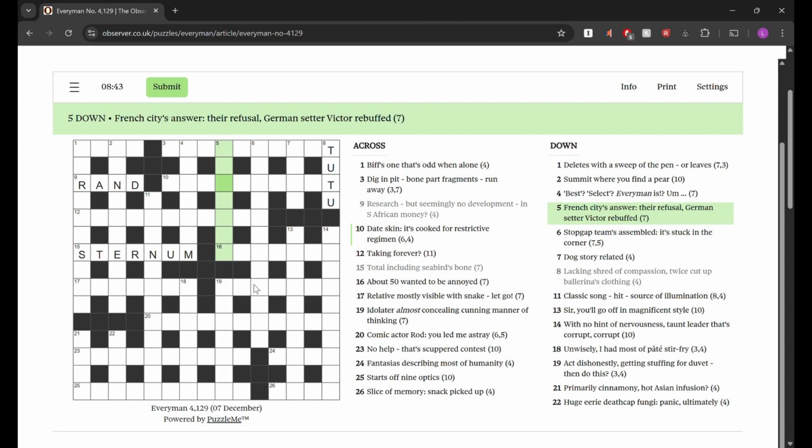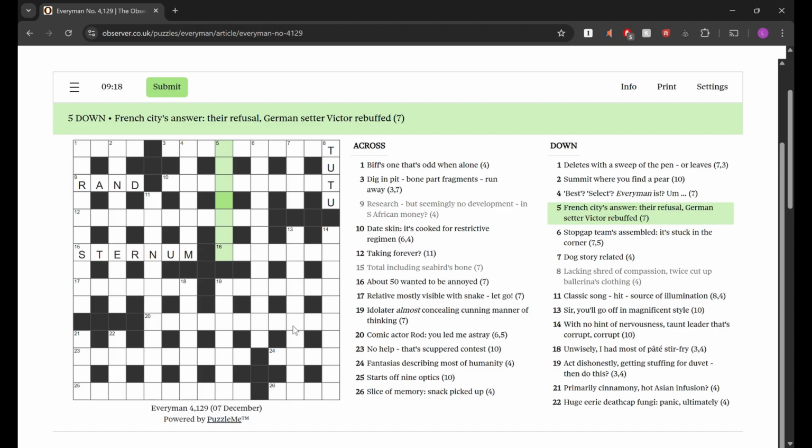Let's go 5 down. French city's answer, their refusal, German setter, Victor rebuffed. Okay. Maybe the French city is the answer. Their refusal will be no. German, like a G?